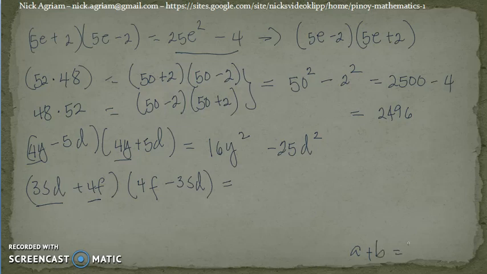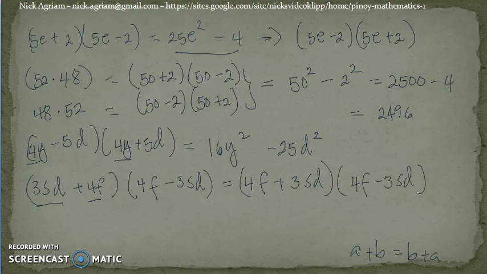So a plus b is equal to b plus a. If I change the arrangement here, I will express 4f plus 3sd, and then the last parenthesis will be 4f minus 3sd. Then I have sum and difference of two terms again, or vice versa, like they did here. It's also the difference and sum of a binomial, or of two terms.